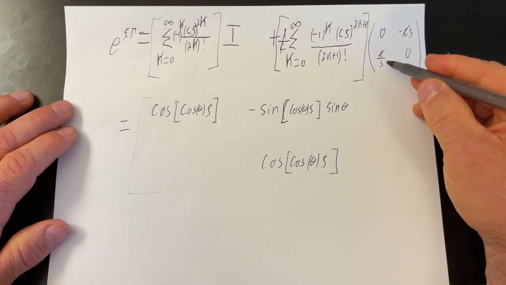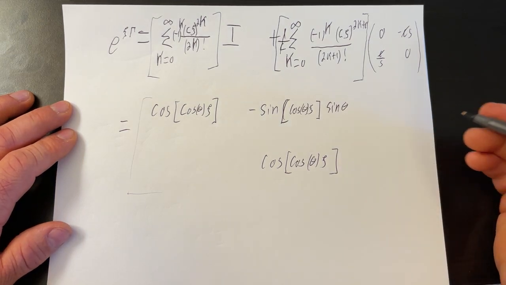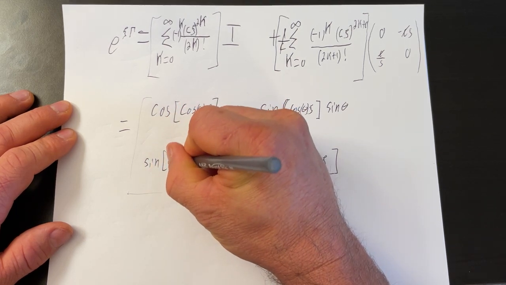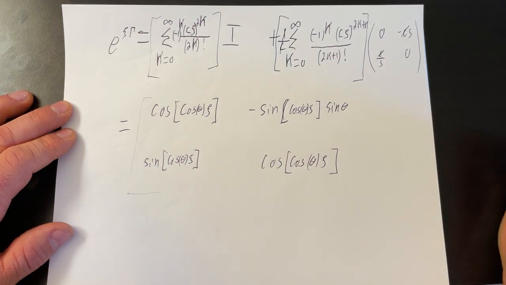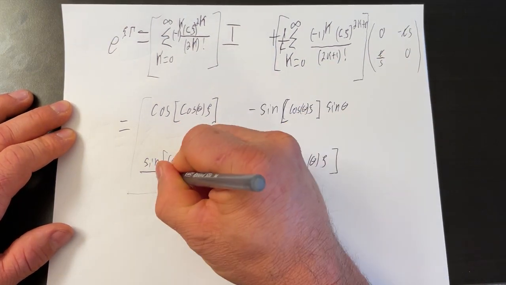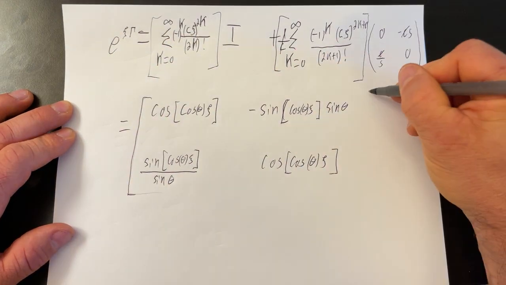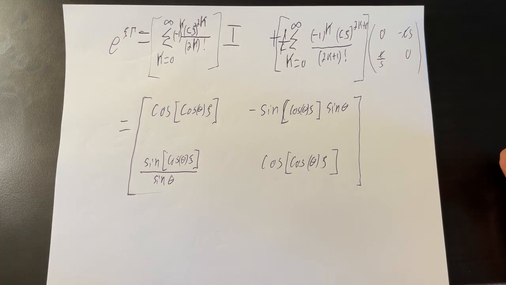Okay, and then on this component, we have the same sine of cosine of theta times c, but this time divided by sine of theta. Okay, so that is the exponentiation of gamma in this case.